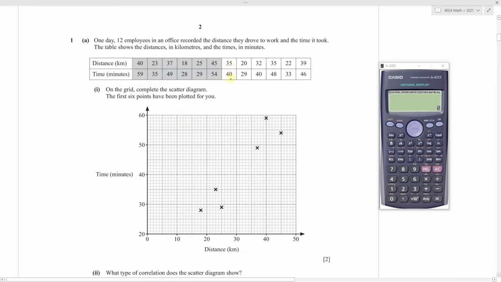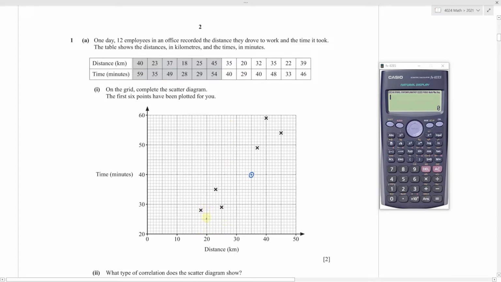Distance is 35, time is 40. So 35 is this and 40 is this point here. And then you have 30 and 29. Distance is 20 and 29.